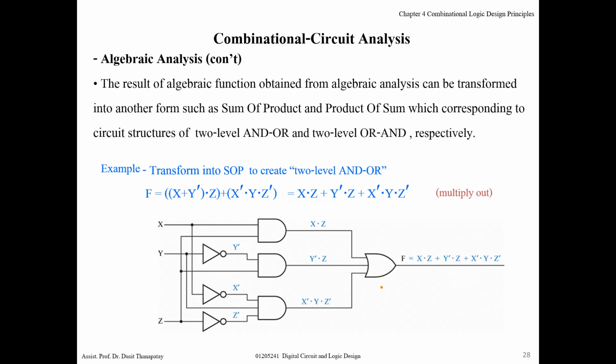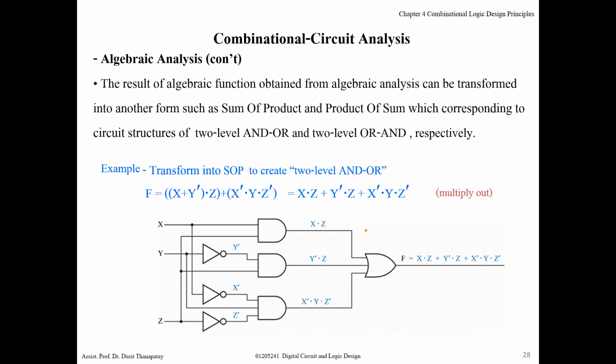And for this structure, we will consider this inverter as just giving the literal with complement. So we don't count this inverter as one more level, for the input variable. So we just consider this one.